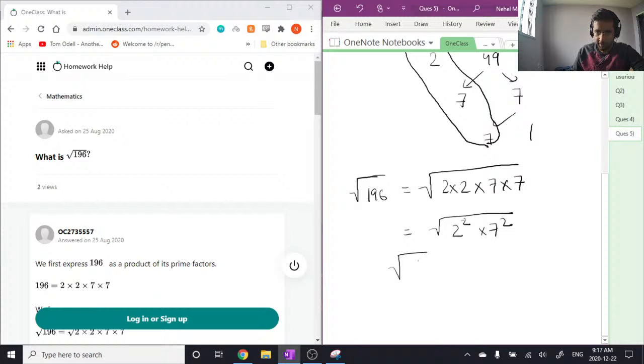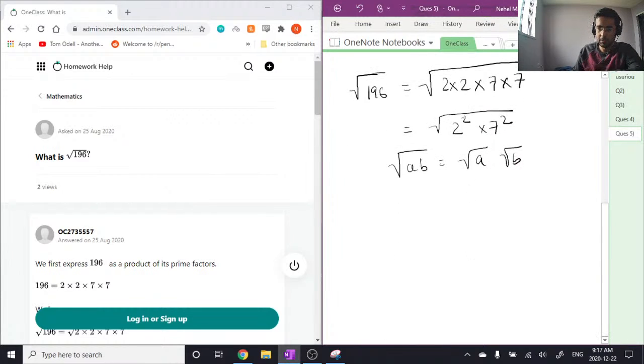Just to simplify things further, if you have any terms a and b, square root of a times b is nothing but square root of a times square root of b. So using that, we can say that this term is nothing but square root of 2 squared times square root of 7 squared, which would give us 2 times 7, which is equal to 14.